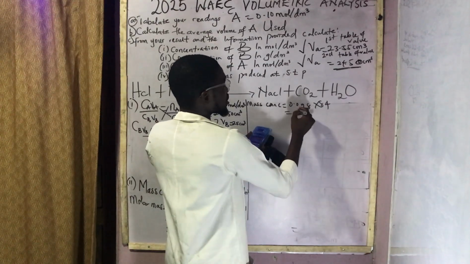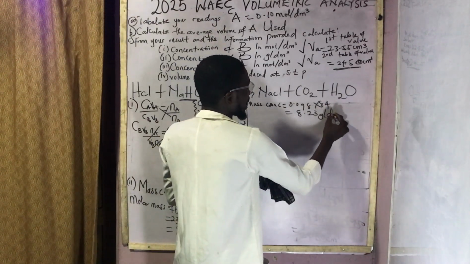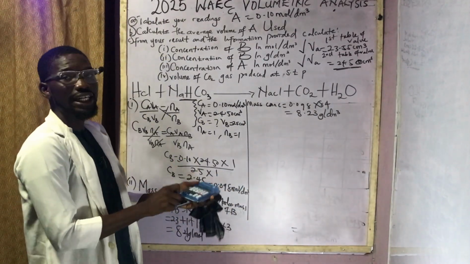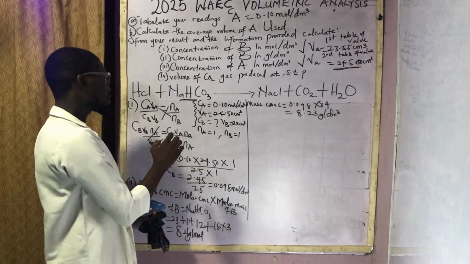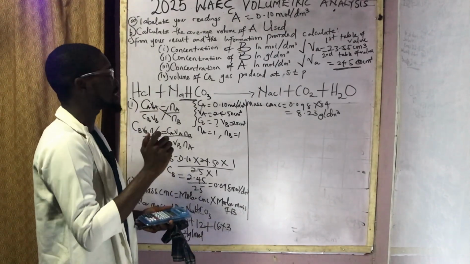That will give us 8.23 gram per dm cube. So that is how you calculate the concentration of B in gram per dm cube.